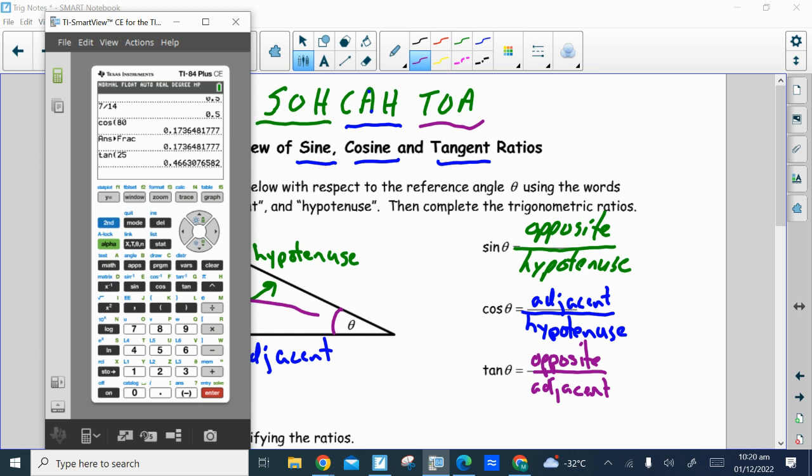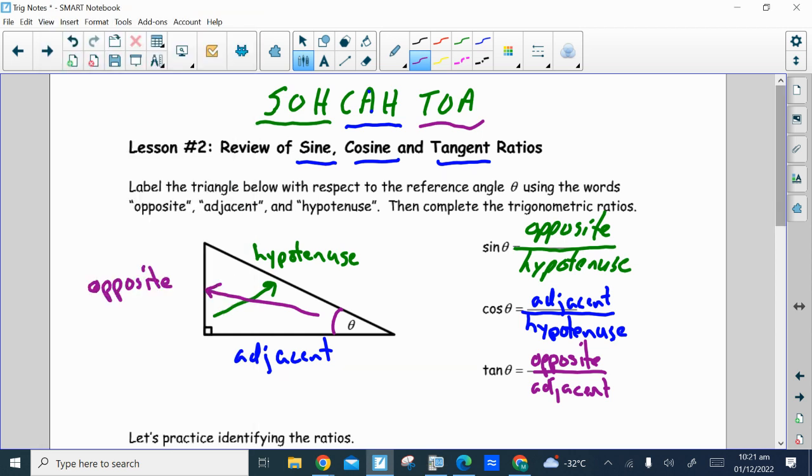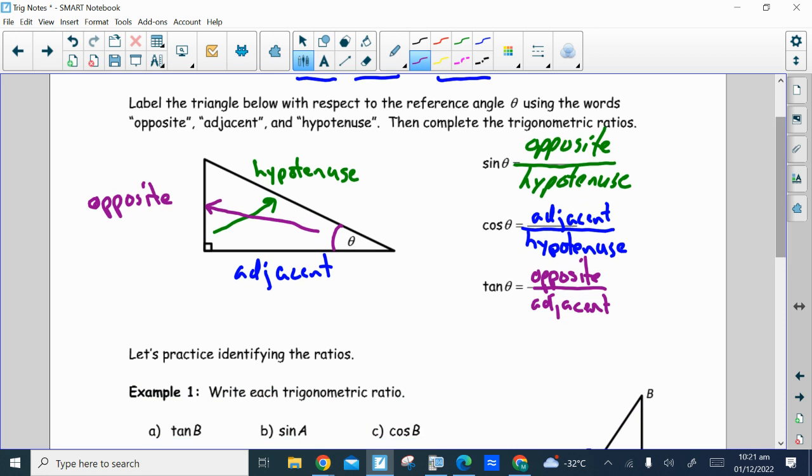But we don't have to find the length of the opposite and the adjacent and divide them, because our calculator tells us that from an angle of 25 degrees, if you divide the opposite by the adjacent, that's the tan ratio, TOA tells us that, you'll get the tan of 25, which is 0.4663, and there's more decimals there. So these are the three trig ratios.